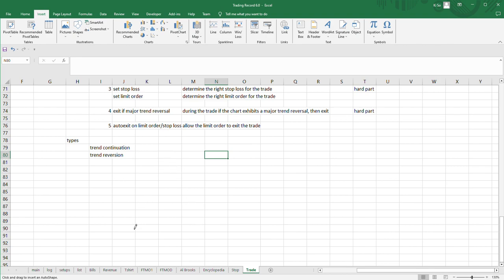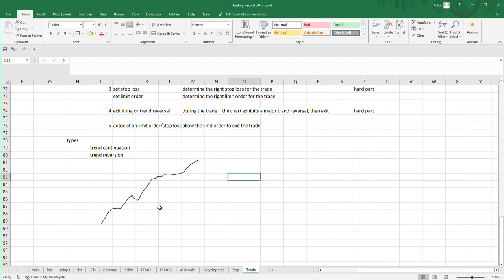So if the trade, the first part is stock starts right here, and then moves sideways like that, and then moves up, or it retraces and then moves up, or it moves up and then moves sideways, okay, and then moves up, okay. So this is a type of move that occurs.